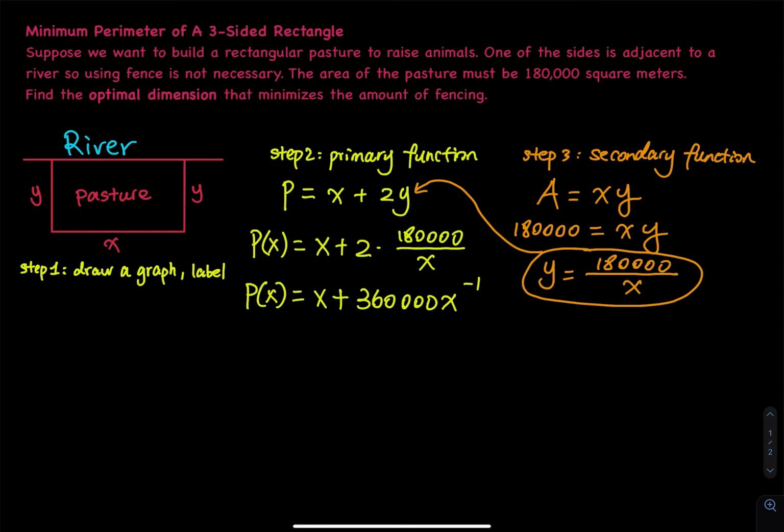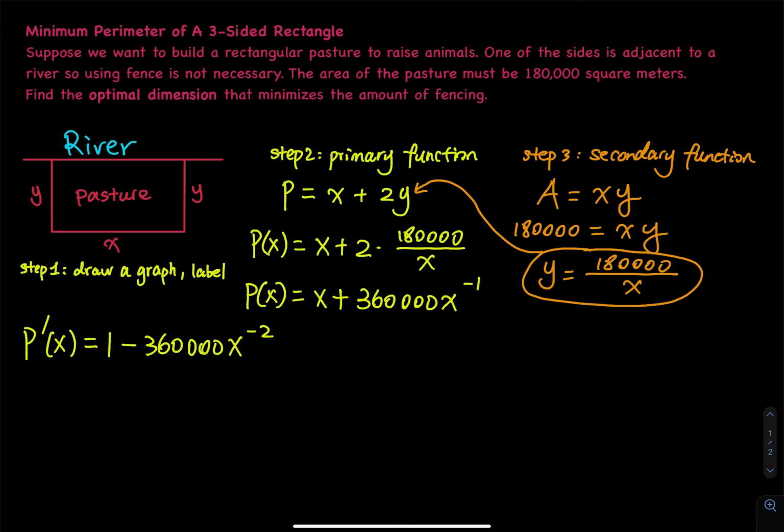How do you find the absolute minimum and absolute maximum? You take the first derivative. So we are going to do P prime of X. The derivative of X is 1. Then you bring the negative 1 down, so negative 1 minus 1 equals negative 2. You have minus 360,000 X to the negative 2.